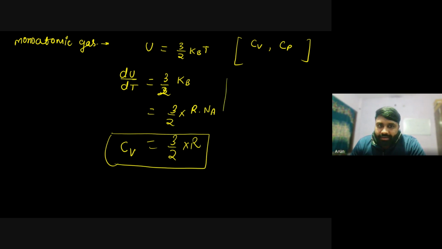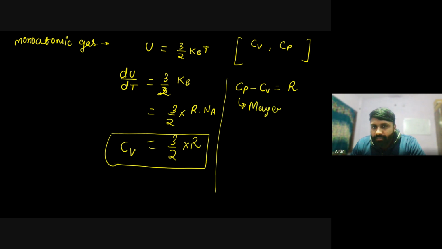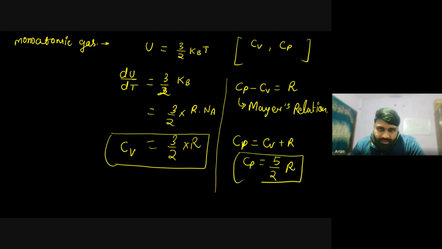Now we know the relation between Cp and Cv, that Cp minus Cv equals R. This is termed Mayer's relation or formula. If you put the value of Cv here, Cp becomes Cv plus R, which is 5 by 2 times R. Now you can also calculate the adiabatic index, gamma, which is Cp by Cv.